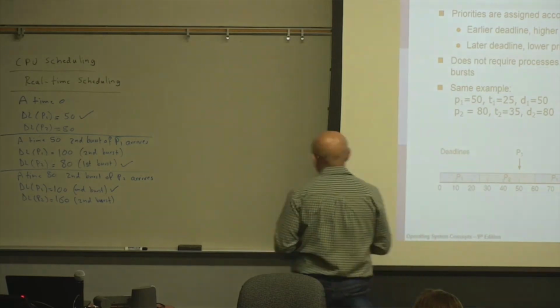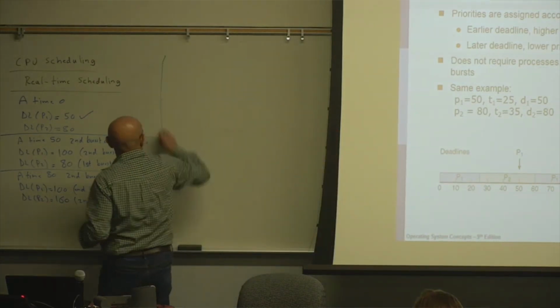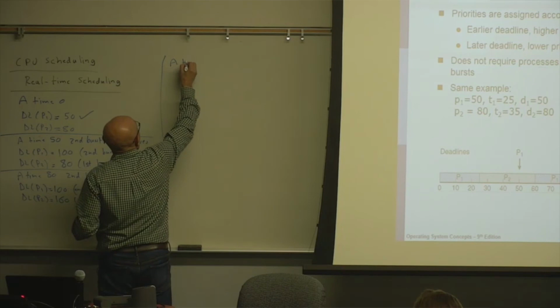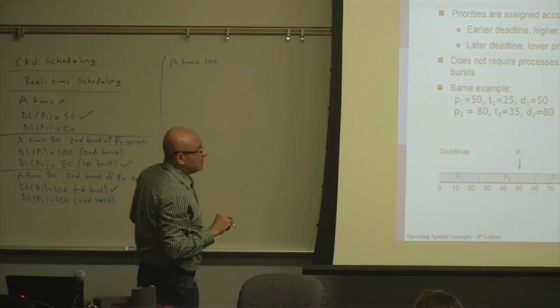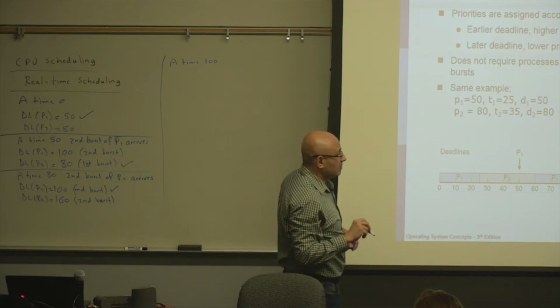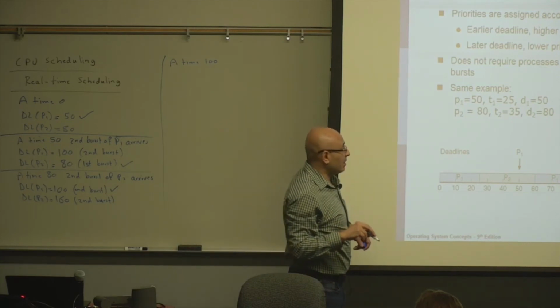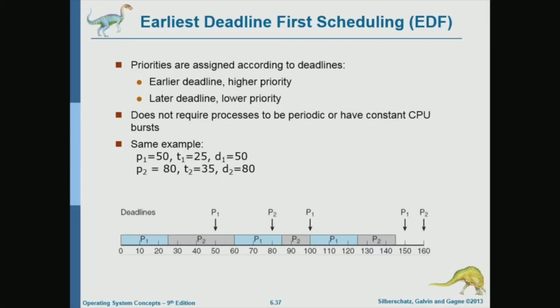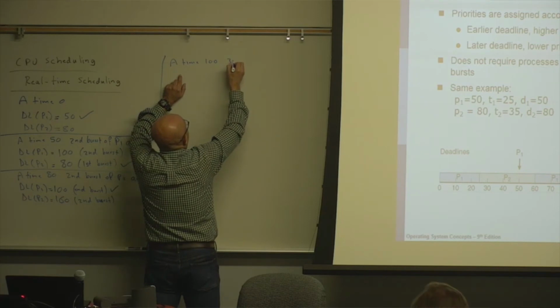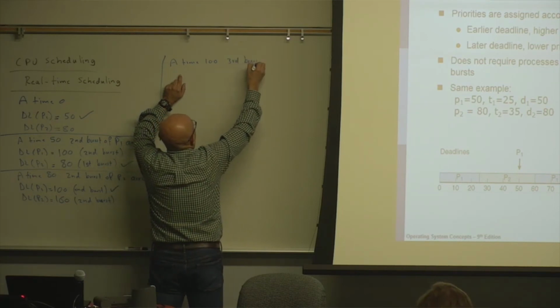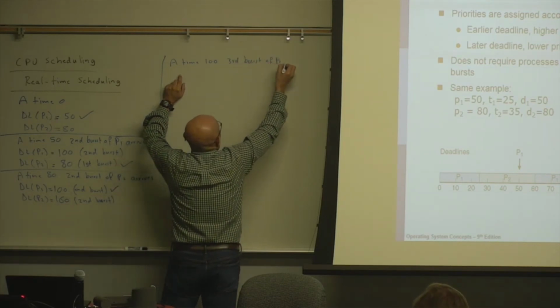And at time 100, there is another decision to be made. What's the event at time 100? The arrival of which burst of P1? Third. So at time 100, the third burst of P1 arrives.